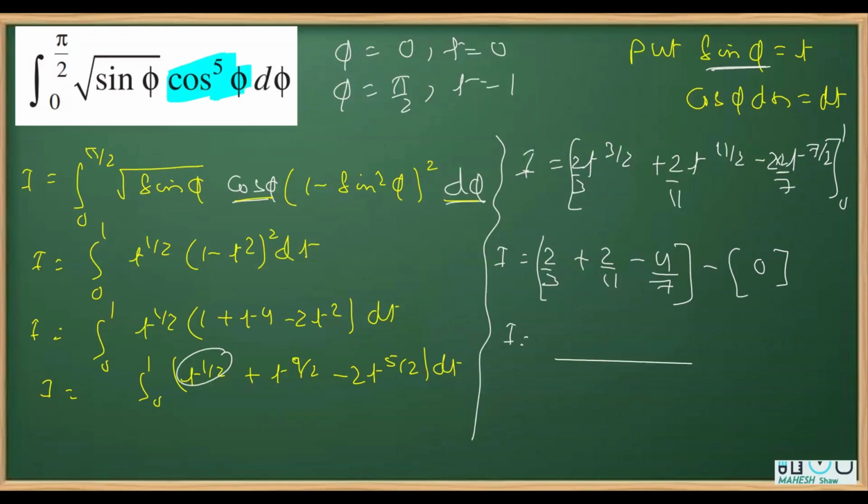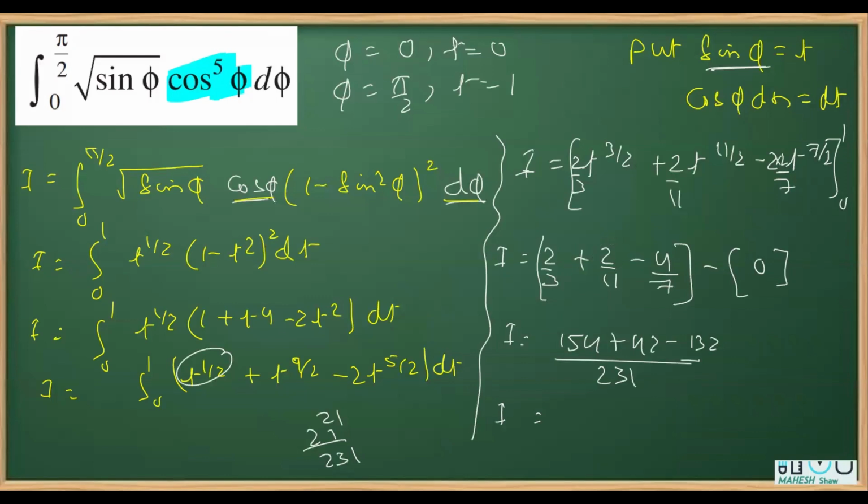So finally, we have to find the LCM. So 7 into 3 is 21, 21 into 11, that is 231. And 77 into 2 is 154, plus 21 into 2 is 42, minus 33 into 4, that's 132.